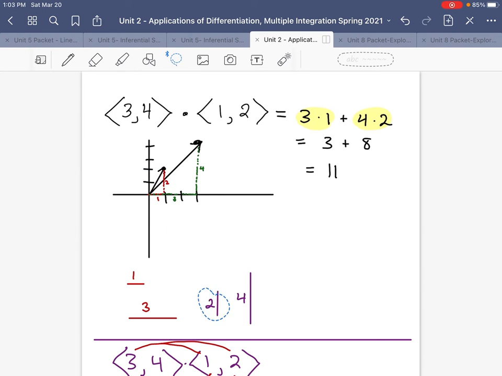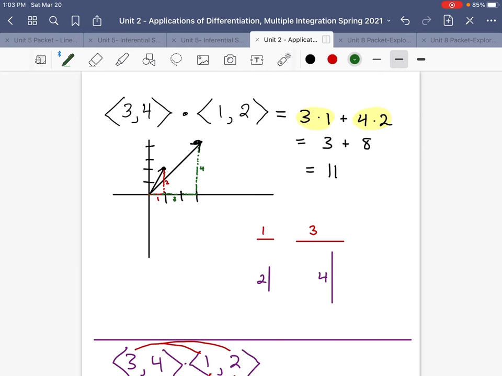All right, so just to prove, not prove, you know what I mean. So what we're doing when we're taking the dot product is we're taking the components that have the same orientation, aka the horizontal components, and multiplying them together, then adding to that the vertical components multiplied together.